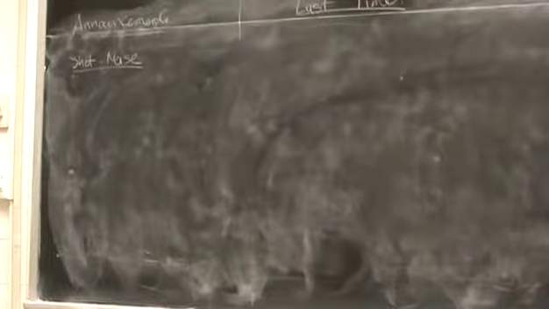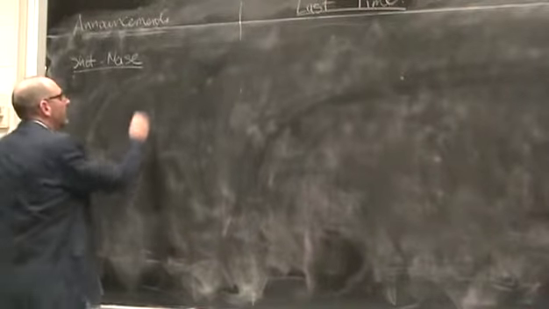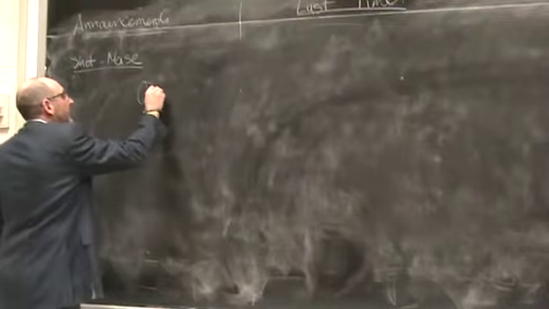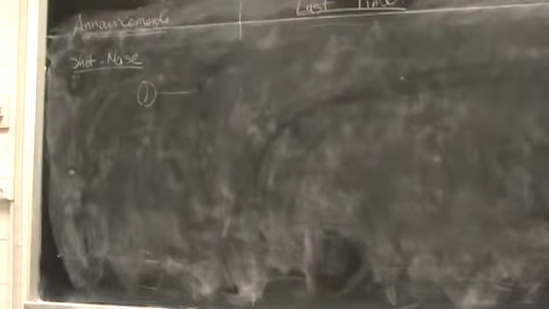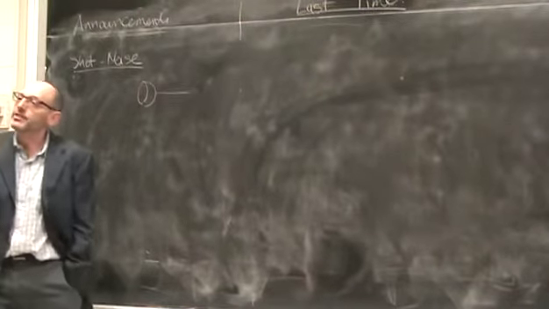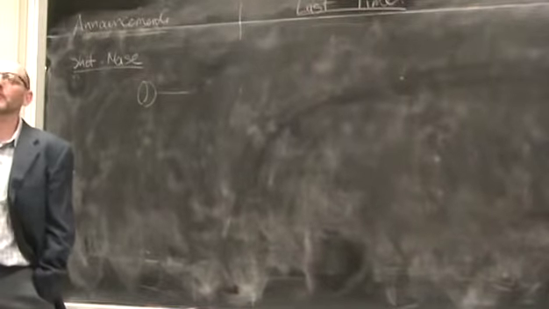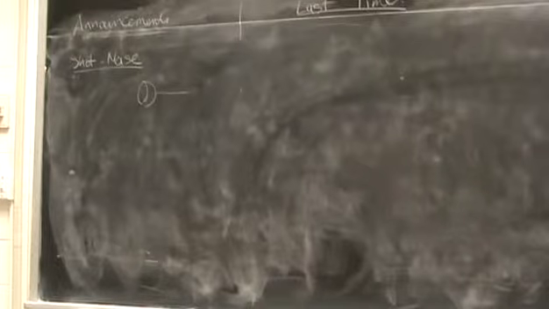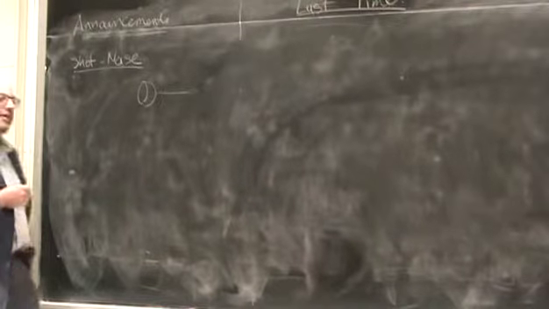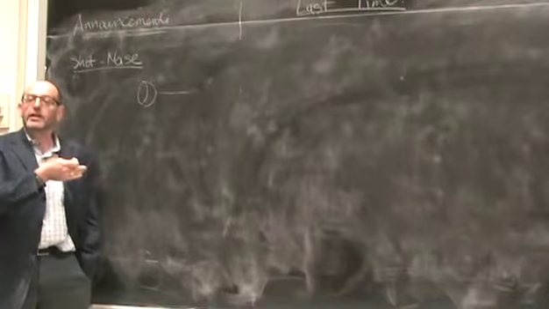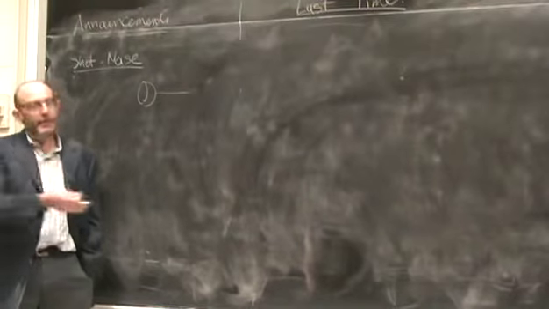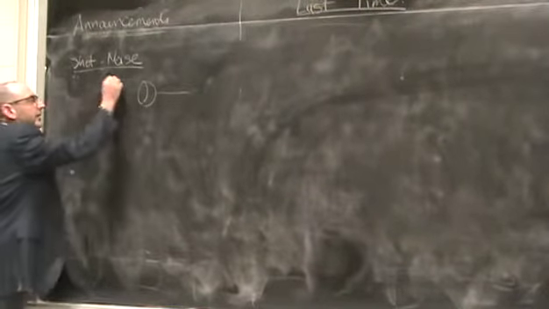If I have a photodetector, and it's an ideal photodetector, which has perfect quantum efficiency, that's the jargon for saying that every photon that comes in is converted to a photoelectron, then any fluctuation that we would see in the photo signal would come from the fluctuations of the input.